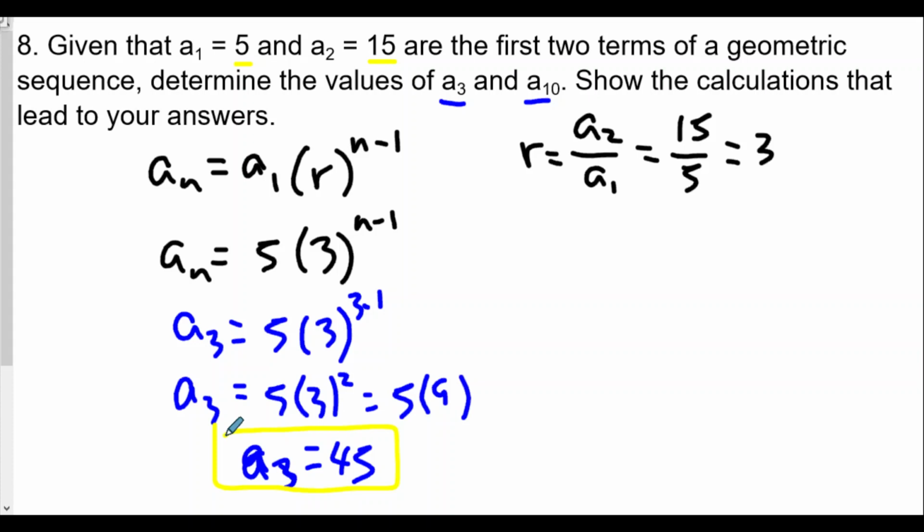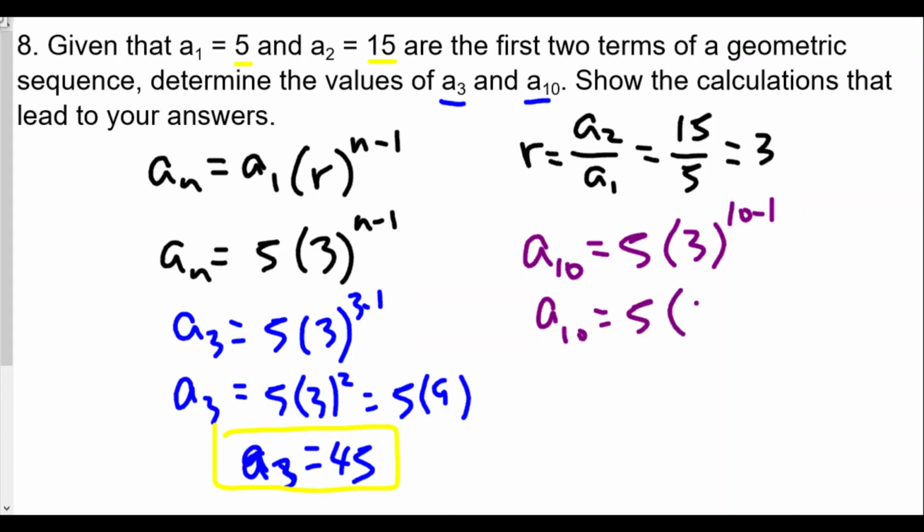Well, now we want to find A10. A10 is equal to, again, 5 times 3 raised to the 10 minus 1, so A10 is equal to 5 times 3 raised to the 9th power. That might be a big number, so we'll get our calculator out and find 3 to the 9th power.